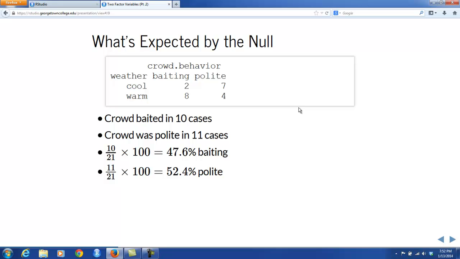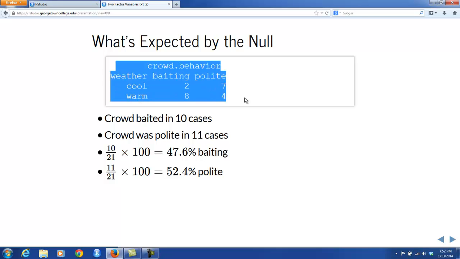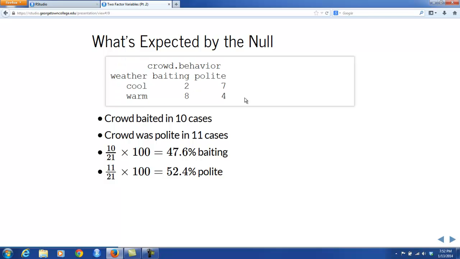Then we're going to find a way to numerically measure the difference between the table that we actually saw, this one, and the table that we would expect to see if the two variables were unrelated. And then we'll find the chances of getting at least that big a difference if the two variables are unrelated.